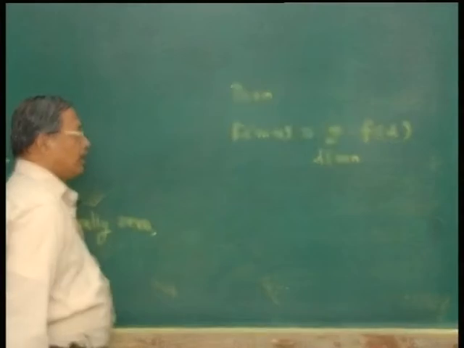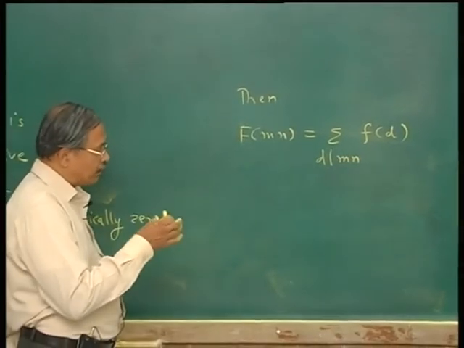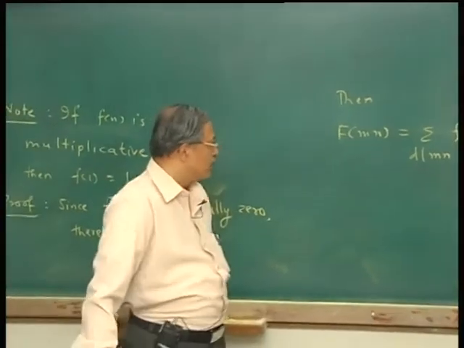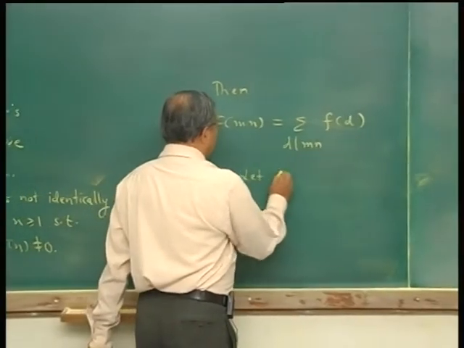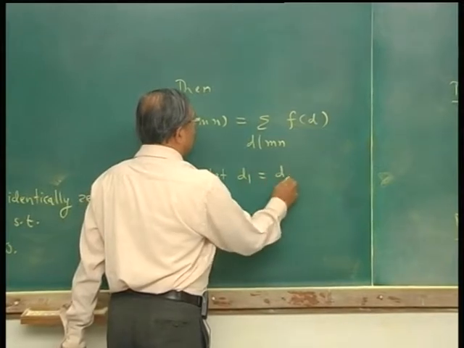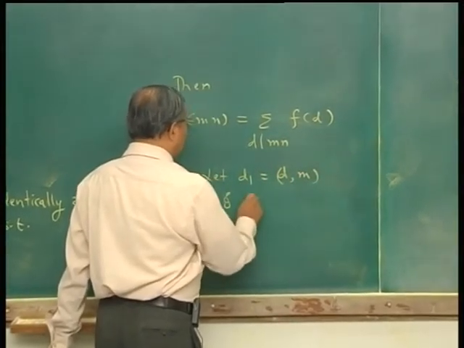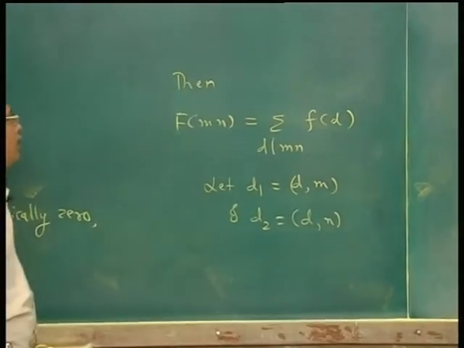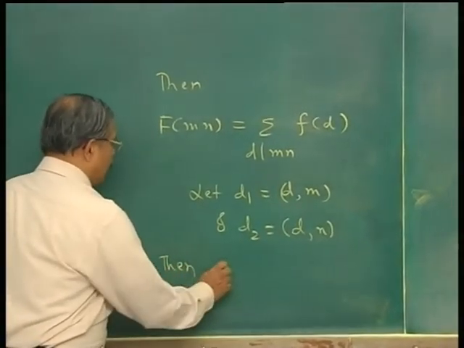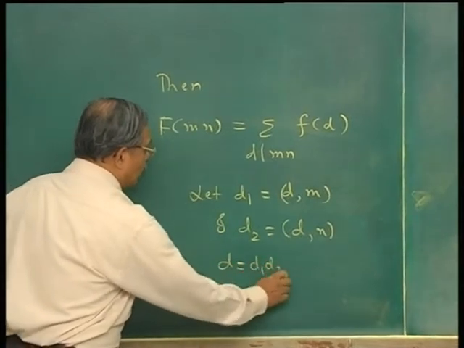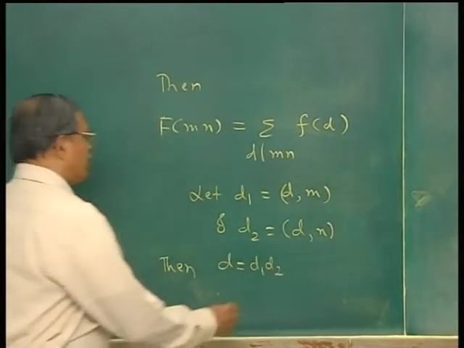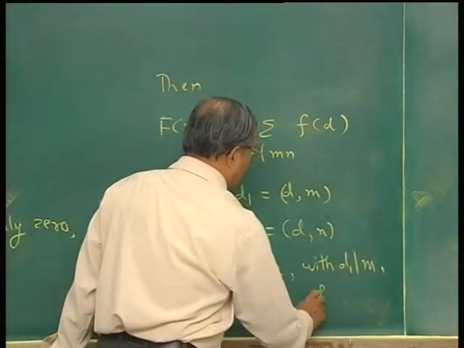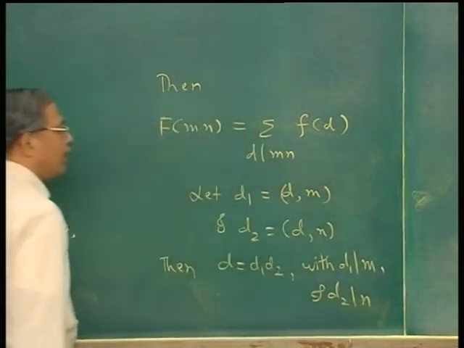Any divisor of mn may have some primes coming from m and some primes coming from n, and their appropriate powers. So let us write d1 equal to gcd of d with m and d2 equal to gcd of d with n. Then d is d1 d2, where d1 is a divisor of m and d2 being a divisor of n.